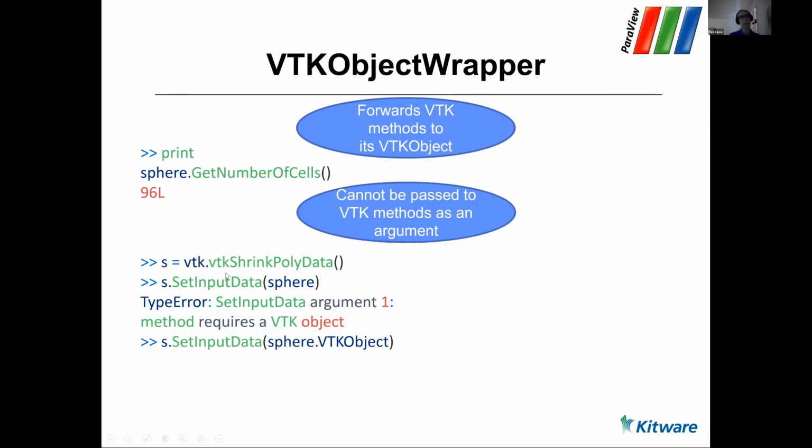So here we shrink the sphere, the triangles in the sphere. We want to do that, so we create the shrink filter, and then if we try to pass as the input connection of the shrink filter the wrapped object, we're going to get an error. So what you have to do is you have to pass the actual VTK object, not the wrapped object. Okay.